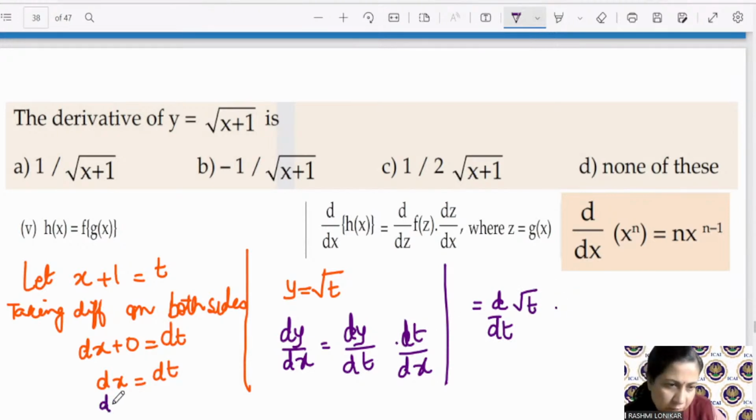How much will be dt by dx? Dt by dx will be equal to 1. If I divide both sides by dx, what will I get? It will be equal to 1 into 1. So, derivative of square root of t is how much? This is equal to t raised to 1 half minus 1 into 1 half.